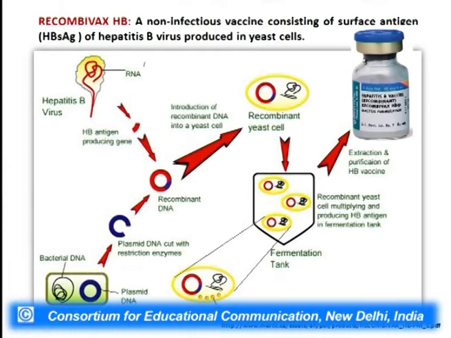As we know, it is a self-replicating independent genetic material in bacteria. We harvest this plasmid DNA and cut it with restriction enzymes. Generally, this process involves using the same restriction enzymes as are used in cutting the genetic material from the hepatitis B virus. Now, what we do is we ligate it.